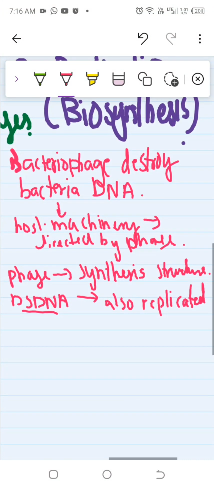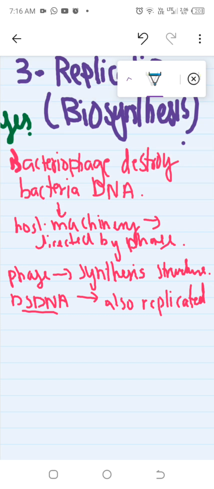Now if I can give you one example, here we have the example of E. coli bacteria. E. coli is basically the same as bacteriophage. Like bacteriophages are host specific, they will only kill the specific host. Bacteriophage will attack the bacteria, not any other thing, so their host is fixed.